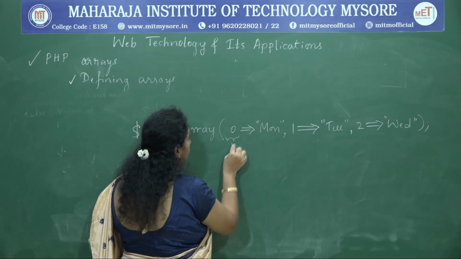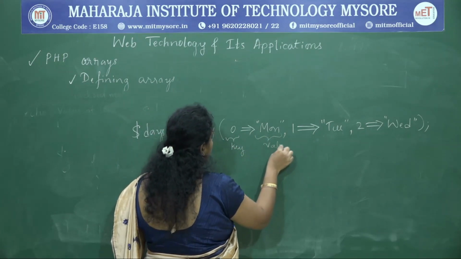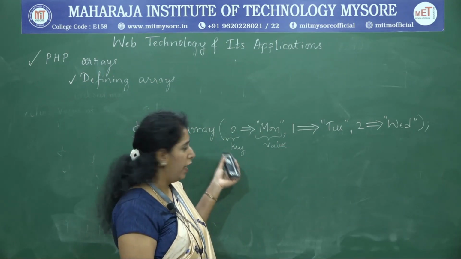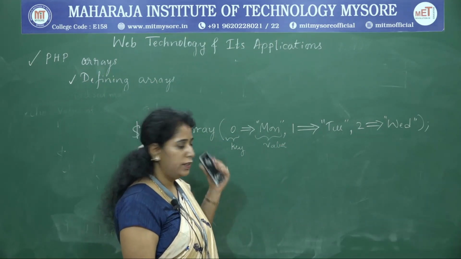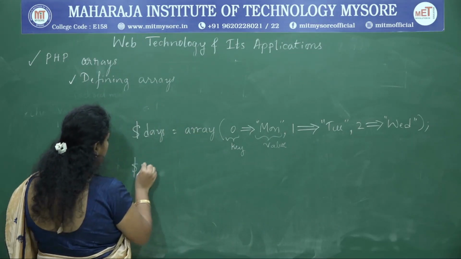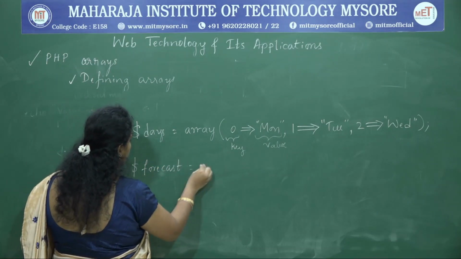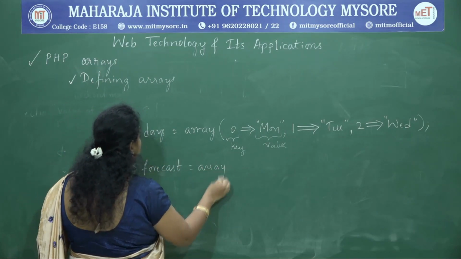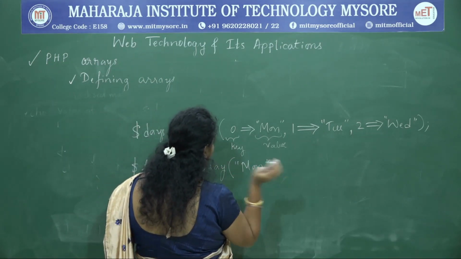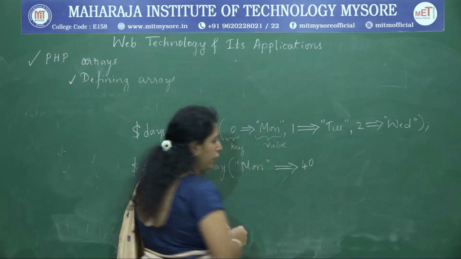This is key and this is value. So what happened here? The key is integer and it is beginning from 0. Okay. So now let me take up another example in this fashion, that is array where key is Monday and the value is 40.